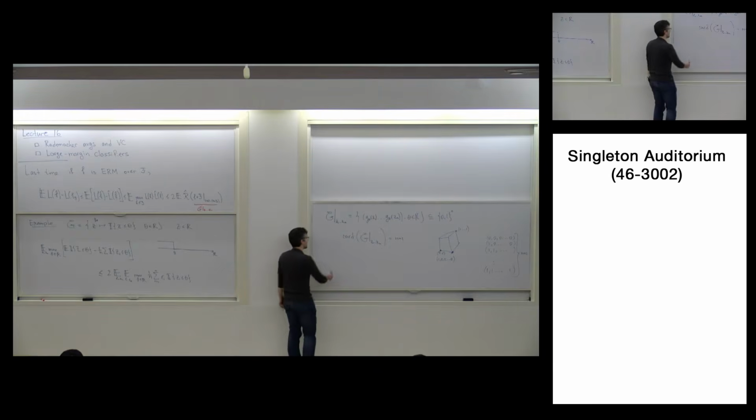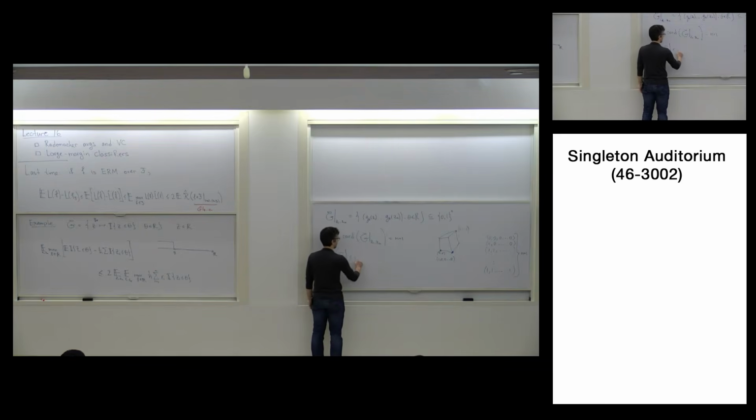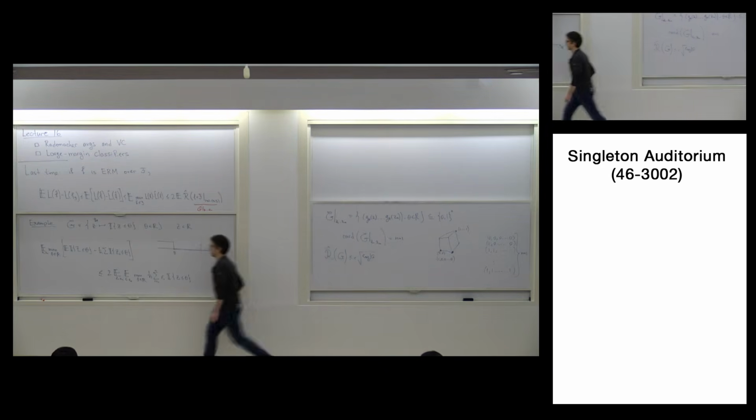But I mentioned last time that the Rademacher averages of any set G of finite cardinality are bounded by some C times log of the cardinality. Okay, I'm using different notation, sorry.